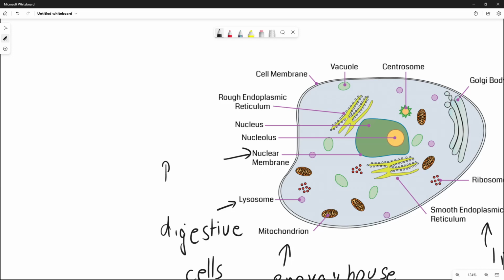So it basically surrounds the nucleus. And nucleus is where we find the nucleolus, which contains the genetic information packed in packages called chromosomes.